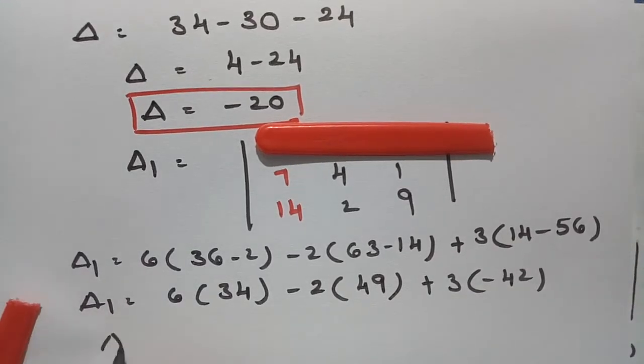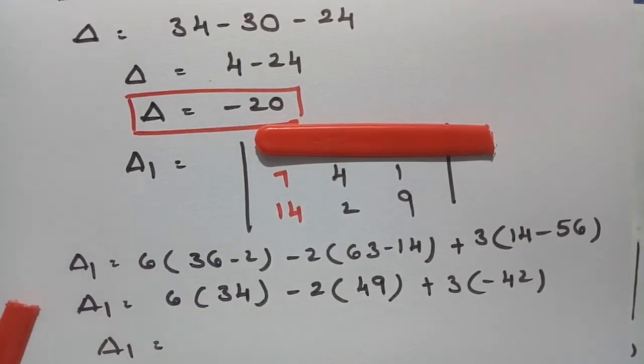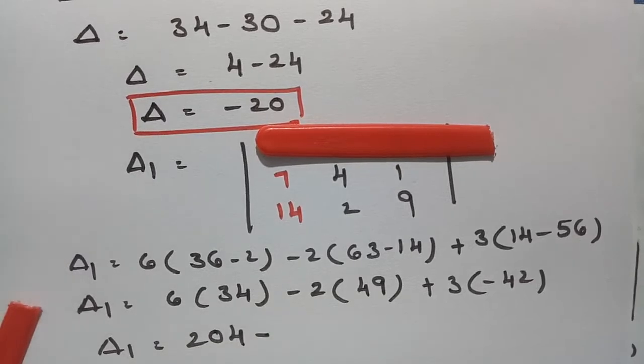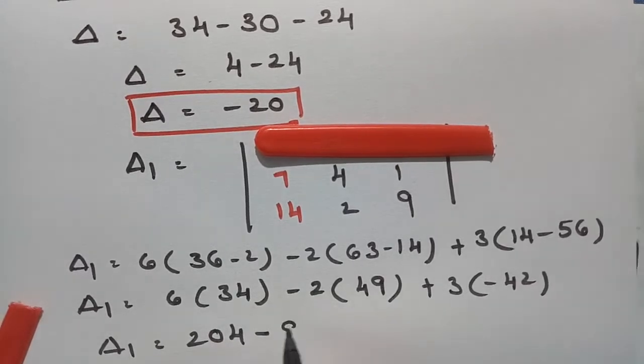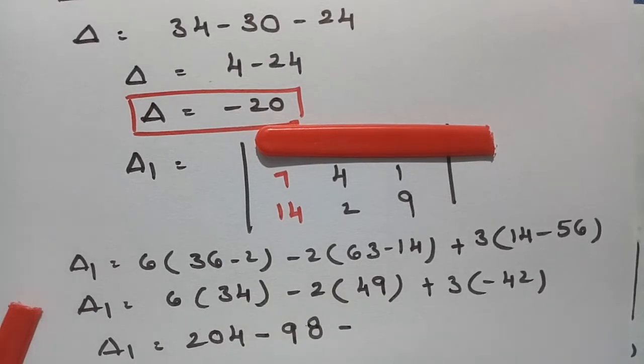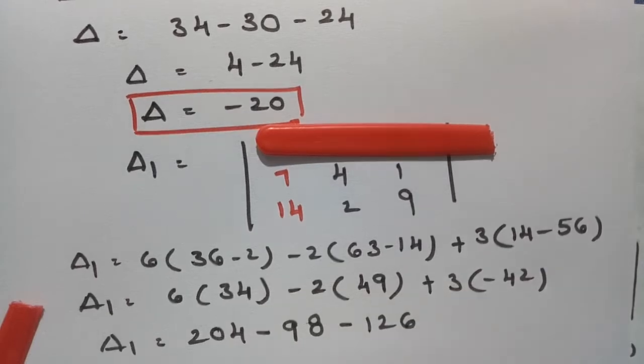Delta 1 is equal to 6 into 34, which is 204, minus 49 into 2, which is 98, and then 42 into 3, which is 126.